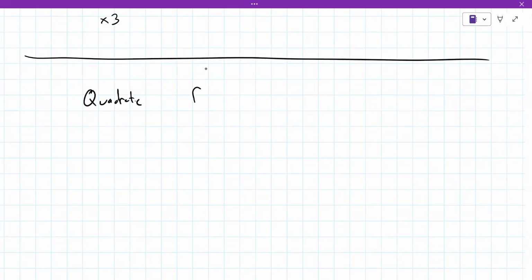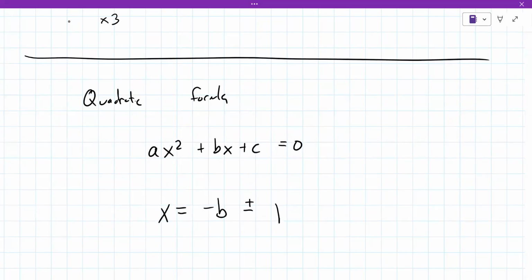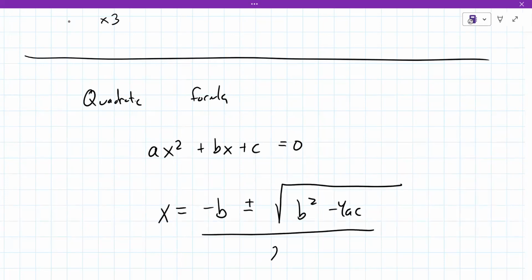This is, believe it or not, you will get a problem that is just a straightforward, like, what is the quadratic formula? So a little review here: ax squared plus bx plus c equals 0. X equals minus b plus or minus the square root b squared minus 4ac all over 2a.